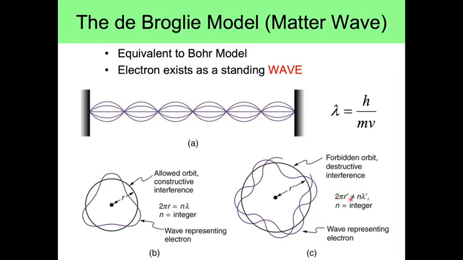If the circumference of the orbit isn't an integer multiple of the wavelength of the matter wave, then the wave that started out at a peak doesn't come back to the original position after looping around one circle. So as the wave travels along this path, it starts canceling itself and diminishes.